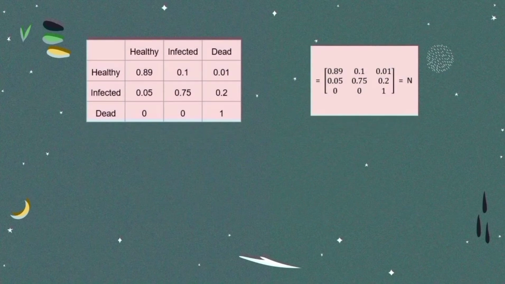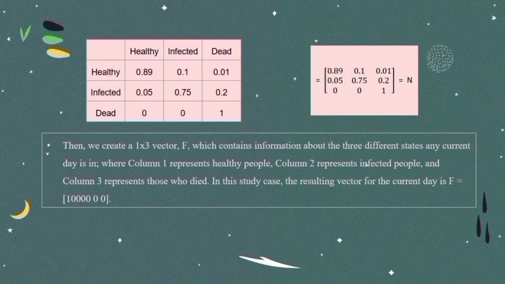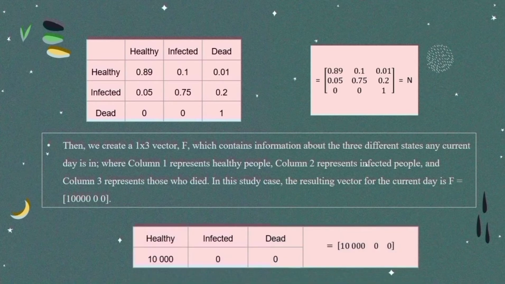By compiling those probabilities in the diagram before into a table, we get the following transition matrix N. Then we create a 1 times 3 vector F, which contains information about the 3 different states any current day is in, where column 1 represents healthy people, column 2 represents infected people, and column 3 represents those who died. In this case study, the resulting vector for the current day is F equal to 10,000, 0, 0.